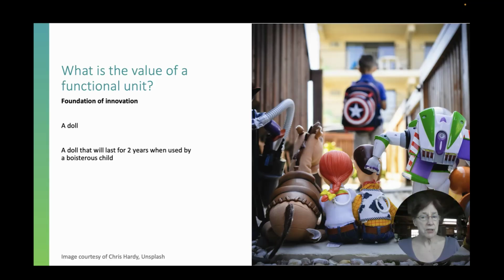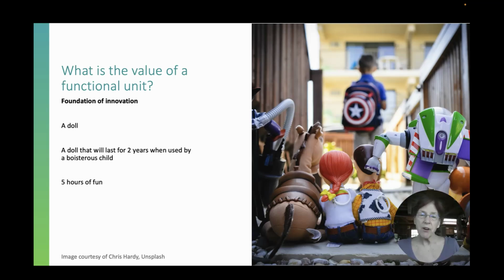But what if we took 2 steps back and said, what is the real function of a toy? And we want 5 hours of fun as a functional unit. Now I can look at the toy that lasts for an hour. I can look at the toy that lasts for 10 years or several generations and see how many hours of fun they provide.